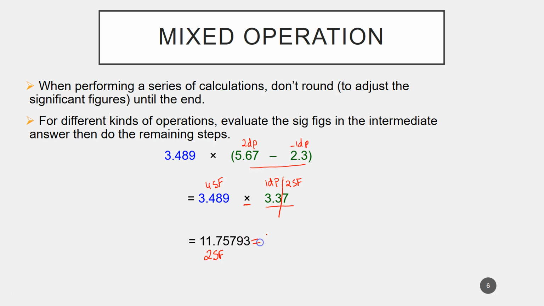So then I have to report 12. I have to round to 2 significant figures. So again, for the mixed operation, we do the rounding at the end, and we have to evaluate the significant figures in the intermediate steps so we can report our final answer.